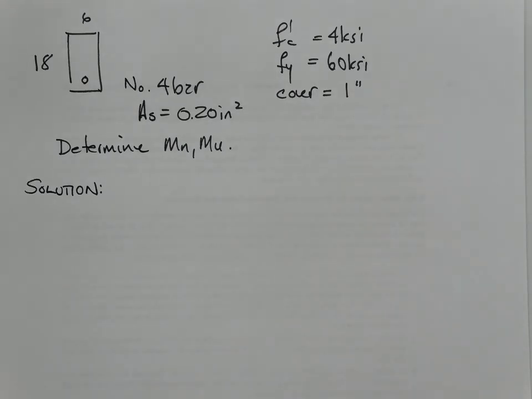See, this is lowercase a. Other than that, it's right. Oh, yeah, I wrote the wrong symbol. It happens. Anybody get 15 kip-feet? 15.12. Anybody get a different number? 15.14.